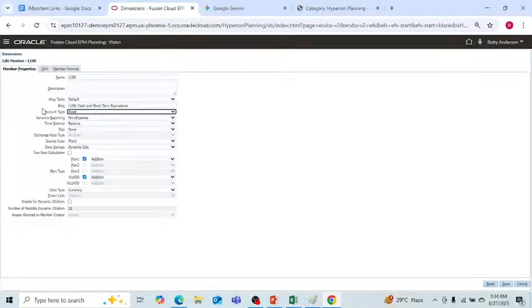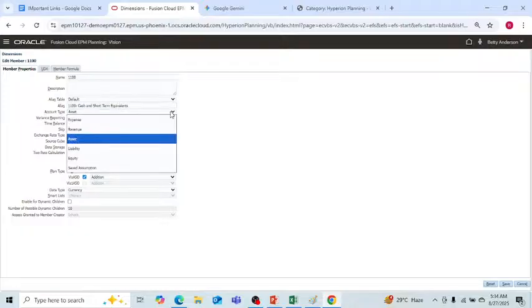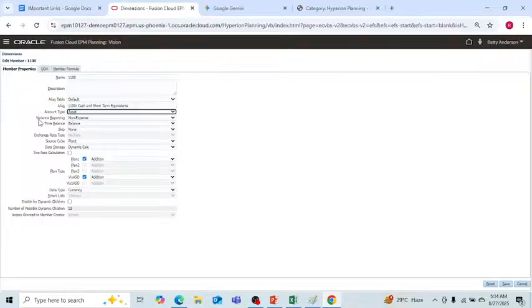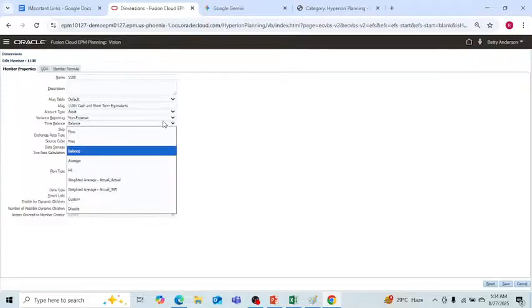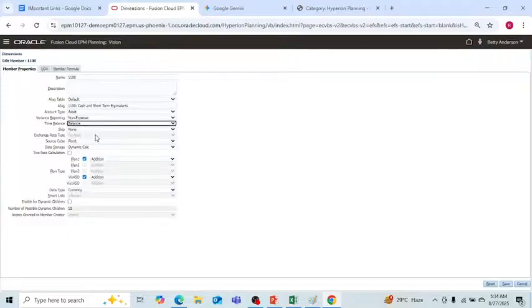Account type, here we have selected asset. Under the variance reporting we have clicked the option non-expense. In the time balance we have the balance, and the exchange rate is disabled in the instance.